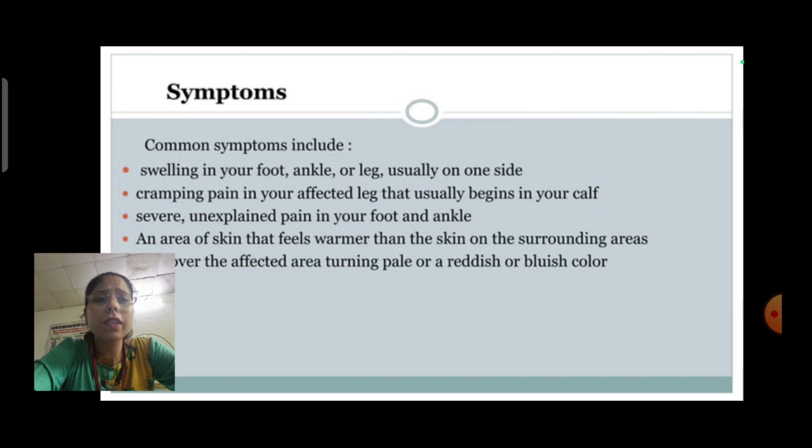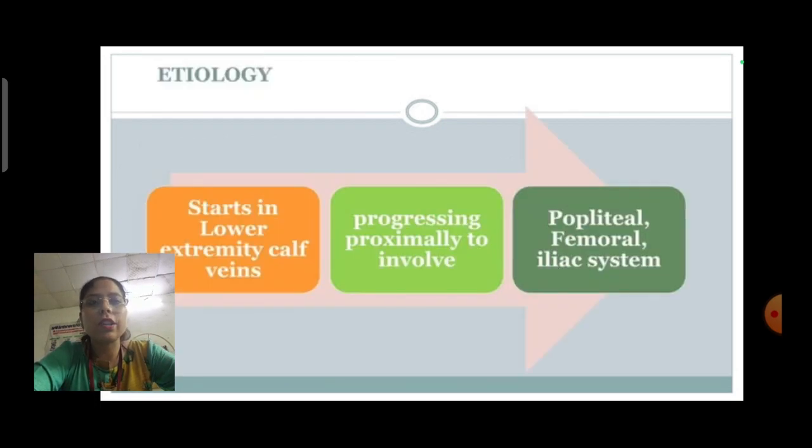An area of skin that feels warmer than the skin on the surrounding areas, and the skin over the affected area will turn pale or reddish or bluish. Discoloration will occur. If we talk about etiology, it starts in the lower extremity calf veins, then progresses proximally to involve the popliteal, the femoral area and the iliac system.